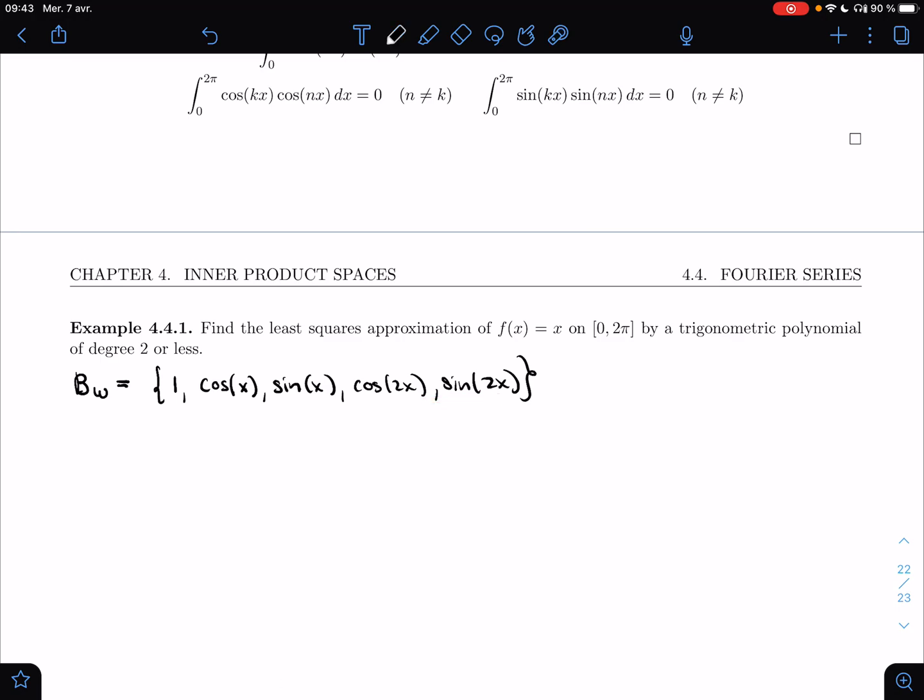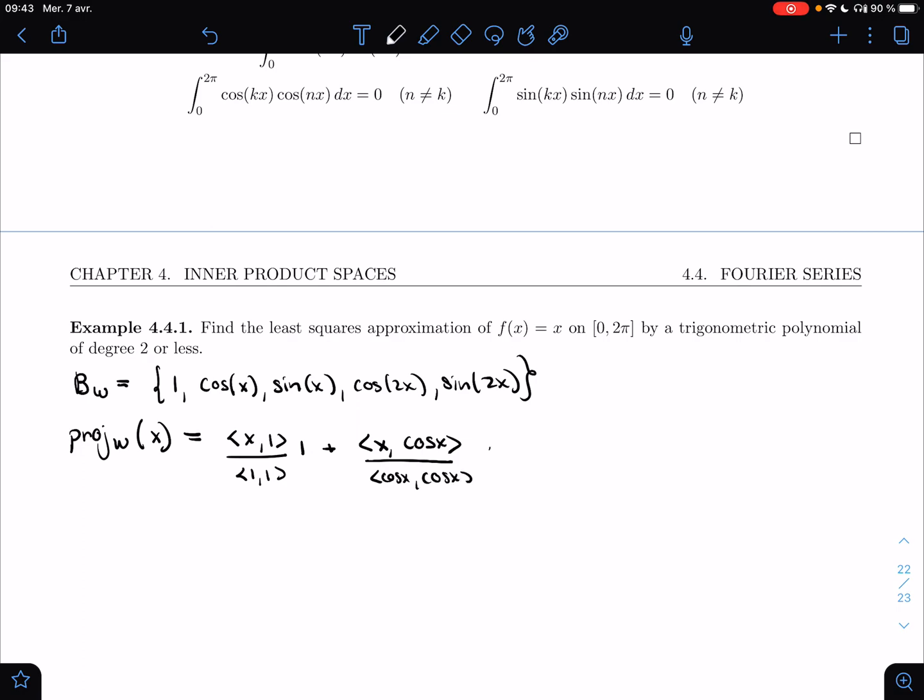All right, so the projection onto W of f, where f is x. I need to take the inner product of x with 1, and that's going to be the coefficient in front of 1. Then I need to take the inner product of x with cosine of x, and that's going to be the coefficient in front of cos x.